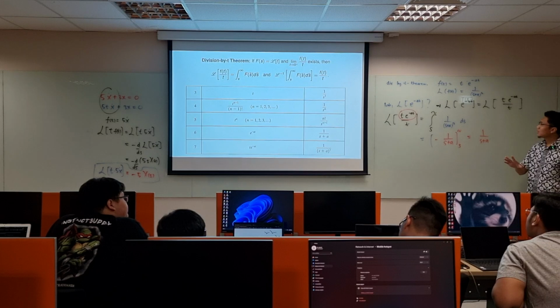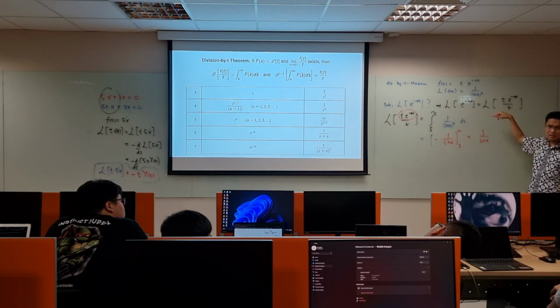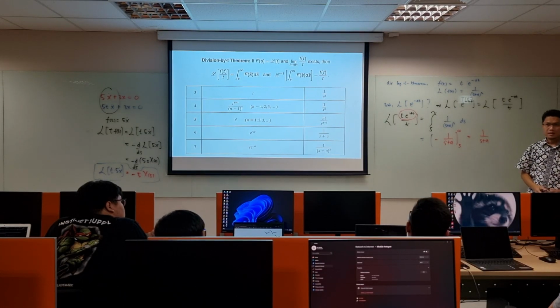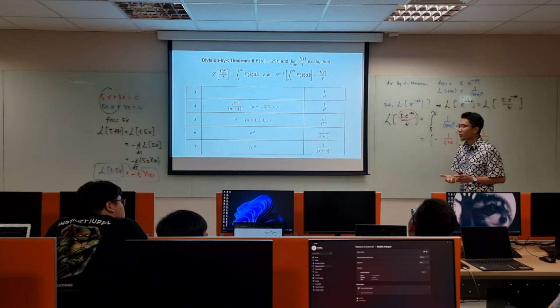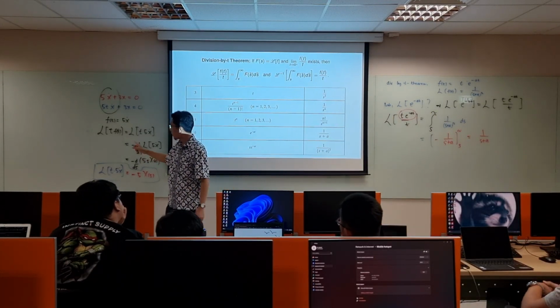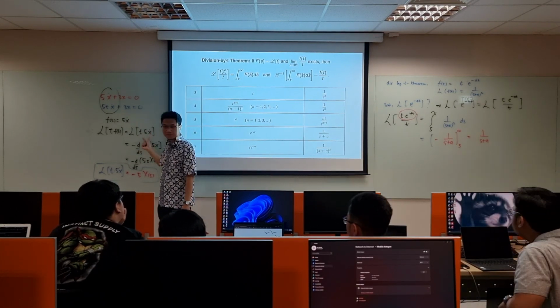Of course, when you find a problem like this and you can cross out the t before you do the Laplace transform, that's better. However, when you have a problem like this, it is not so. You cannot cross t with something inside the x dot.